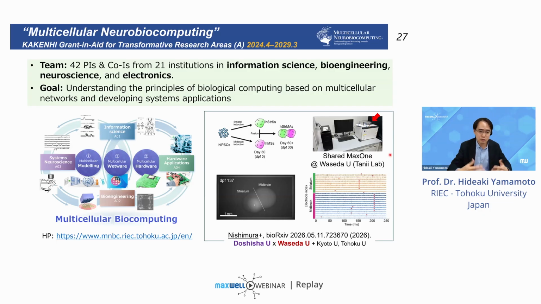And this has been recently used by Nishimura-san at Doshisha University. He's a stem cell biologist, and he placed his human striatal and midbrain assembloid on the MaxOne at Waseda University and recorded its activity. This work was recently posted on bioRxiv and is now under review.